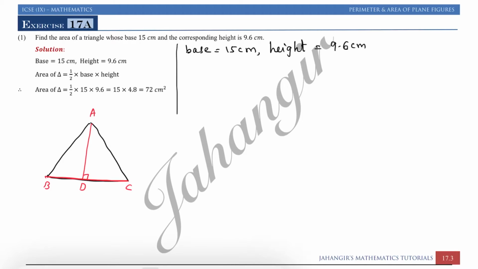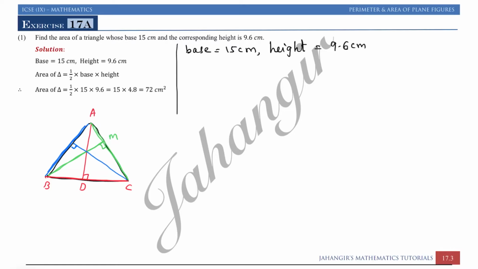But when you consider BM as the height, its corresponding base will be AC. And when you consider height as CN, then its corresponding base will be AB.